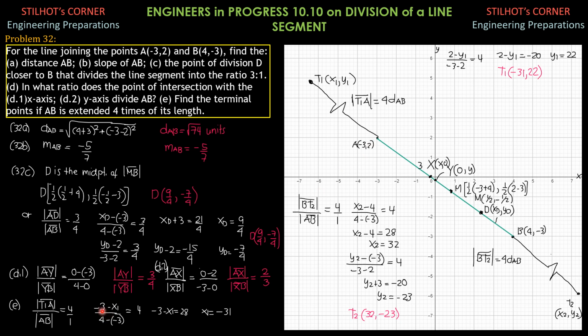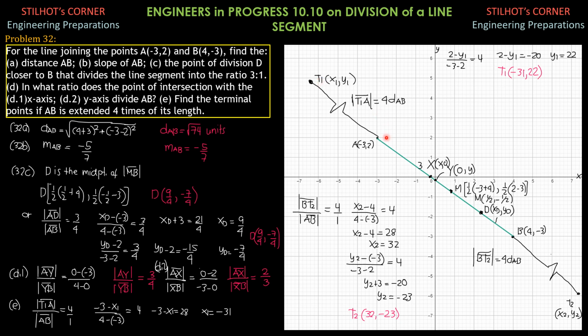So -3 minus x1 over 4 minus -3 equals 4 over 1, which is 4. Cross multiply, -3 minus x1 equals 4 times 7, 28. So x1 is -3 minus 28, so x1 is -31.